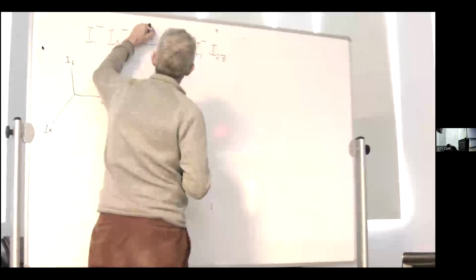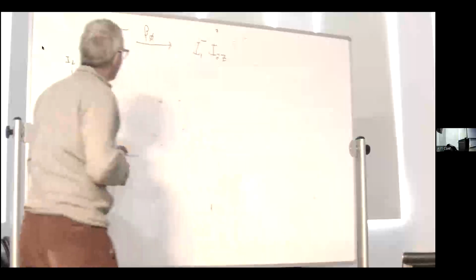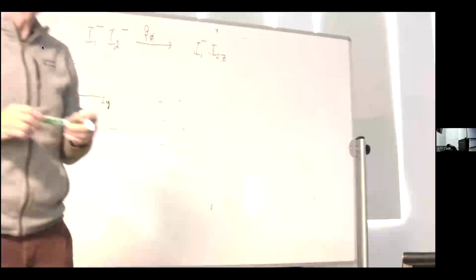And the trick here is there's no pulse that will do that transformation perfectly. So now we have a pulse of some rotation angle beta and some phase.